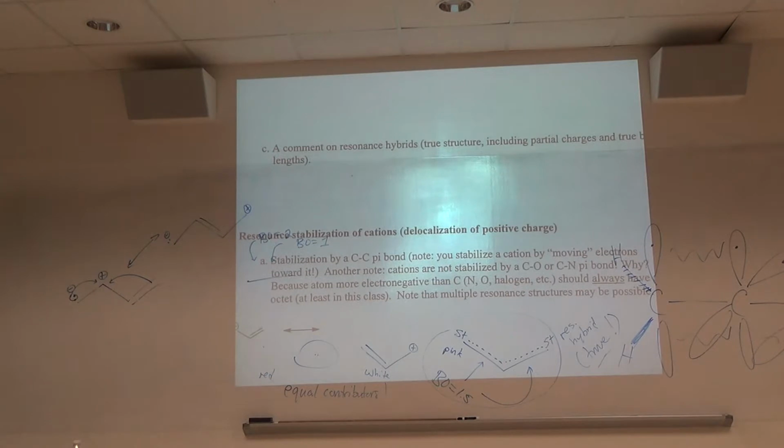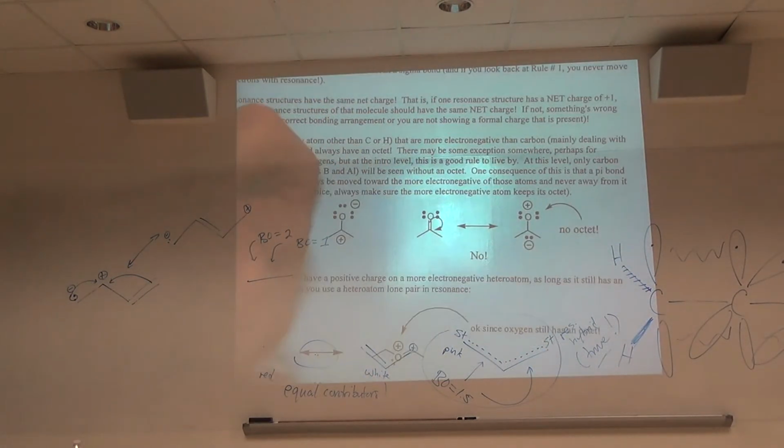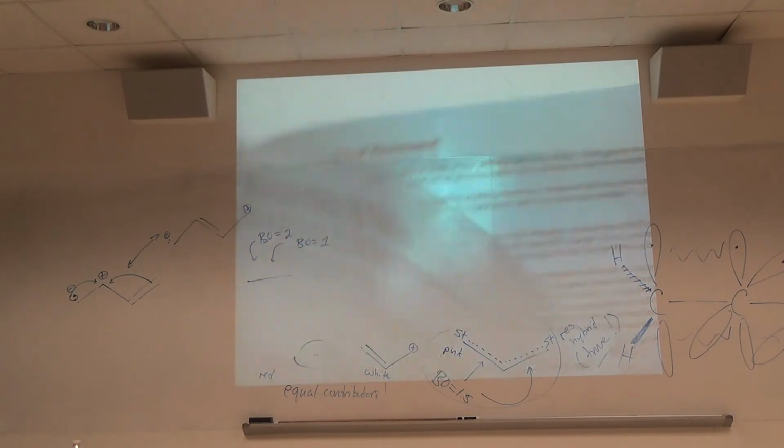All right. How do you stabilize a cation? Move electrons towards it. Okay. By the way, in the back here, there's a list of rules. Usually I put this on golden paper because these are your golden rules of resonance. Many things we will say are summarized right there.